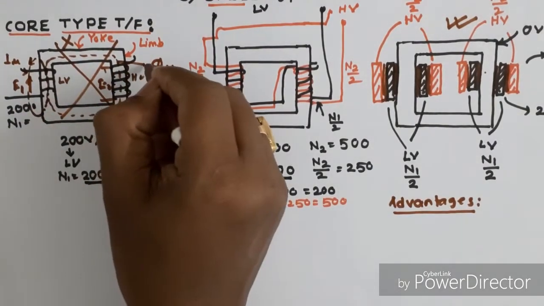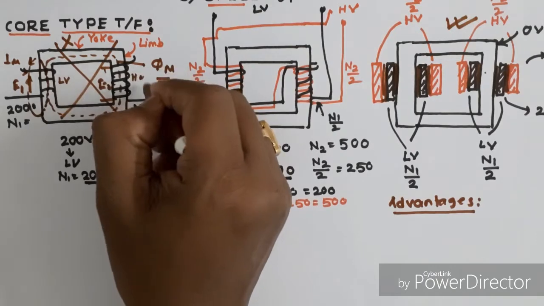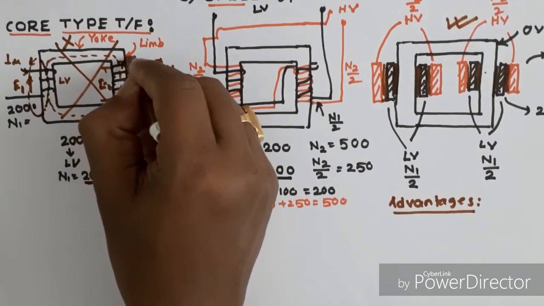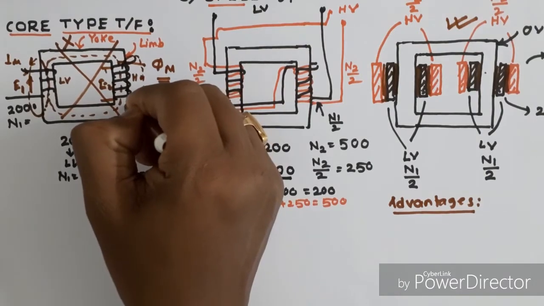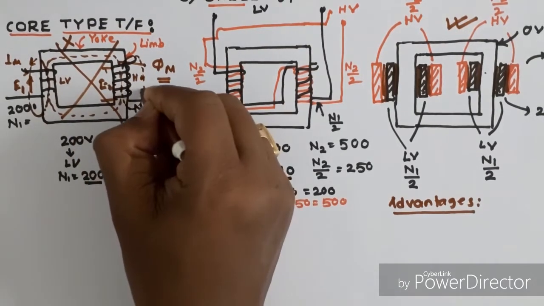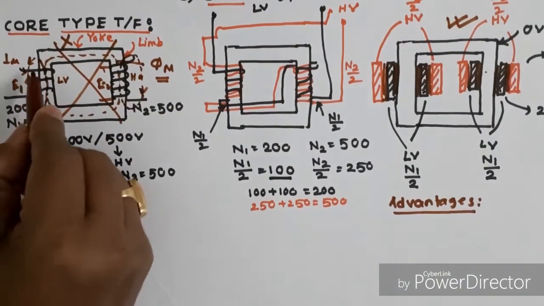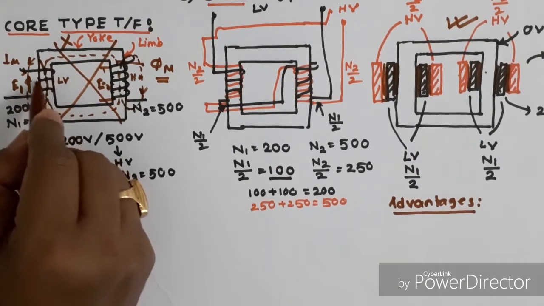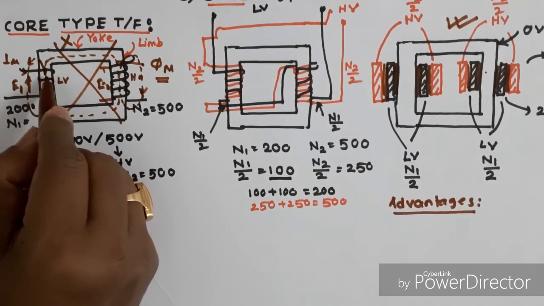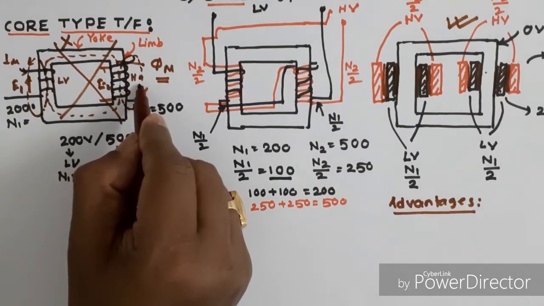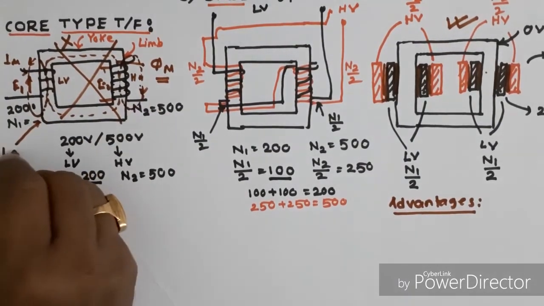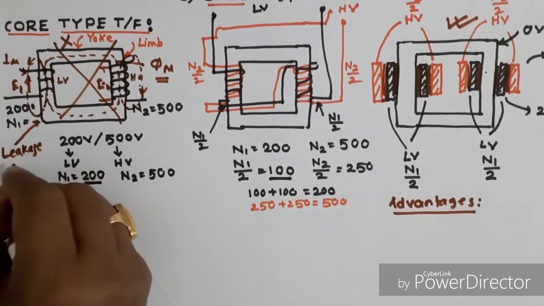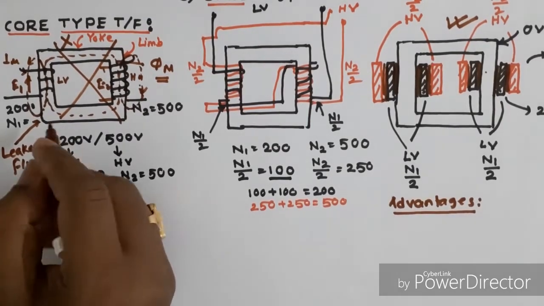Again, whenever current passes through the HV winding, a flux will be produced. This flux goes outside through the air and returns back to the HV winding. The flux which links only the LV winding or HV winding but not both is called leakage flux.